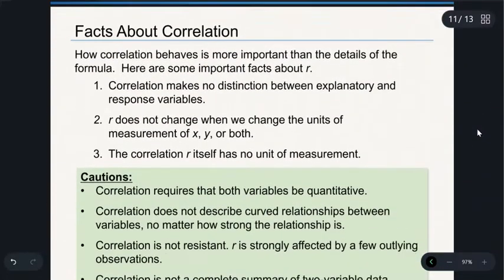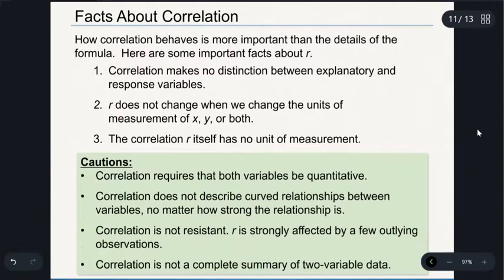So moving along, facts about correlation. Let's just look at what's in the green, because apparently they think that's important in the book. Correlations require that both variables be quantitative. We've discussed that. Correlation does not describe curved relationships between variables, no matter how strong the relationship is. And correlation is not resistant.